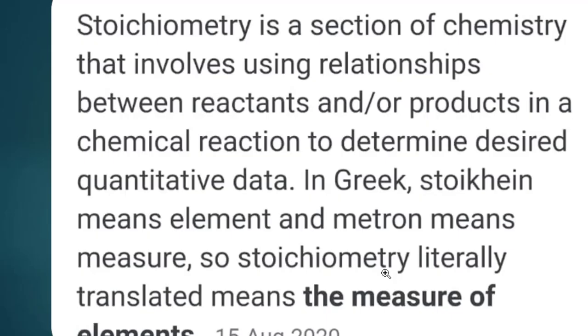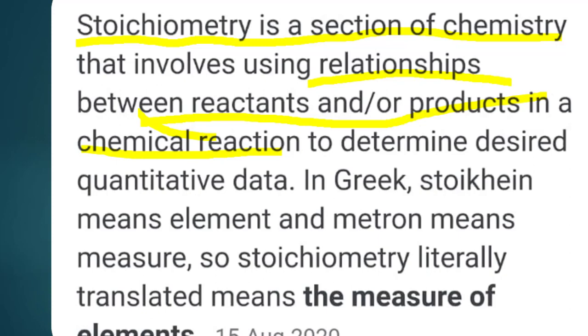Okay. So once again, stoichiometry is one of the parts of chemistry that involves using the relationship between reactants and products in a chemical reaction, to determine quantitative data.